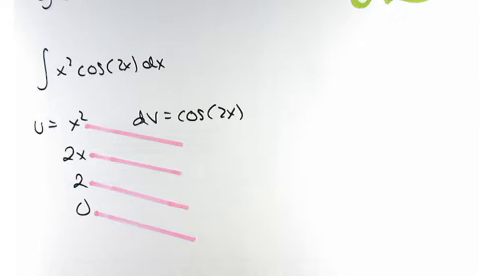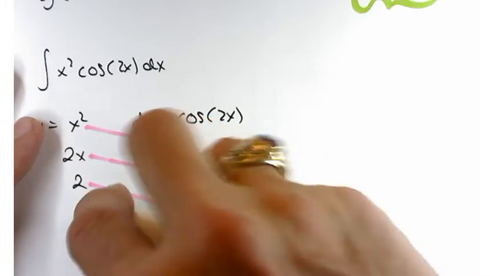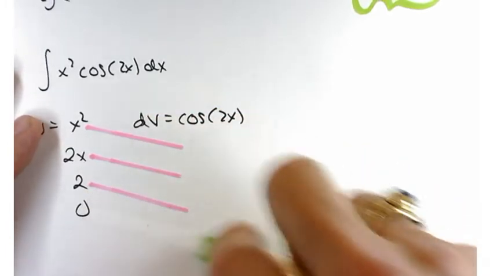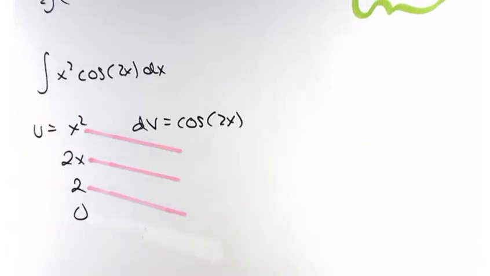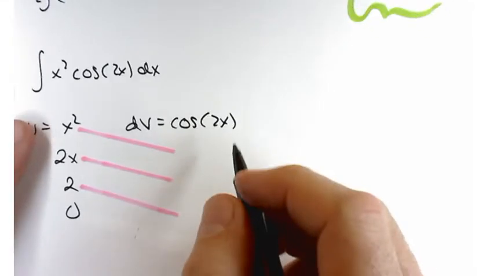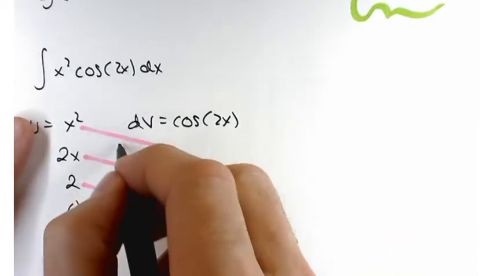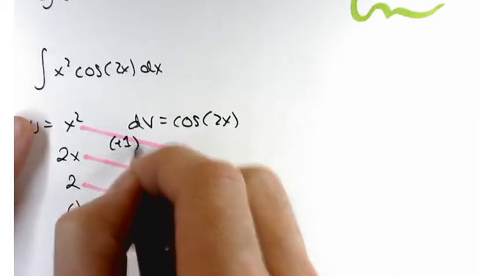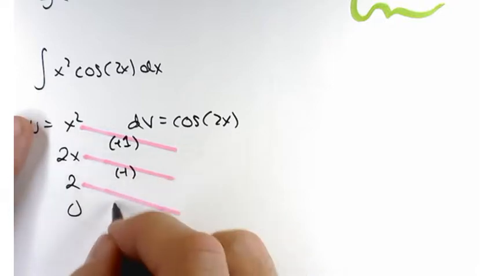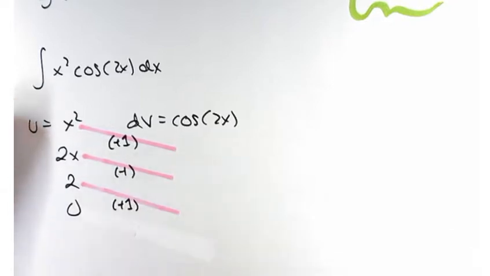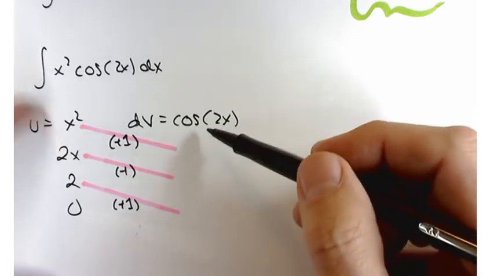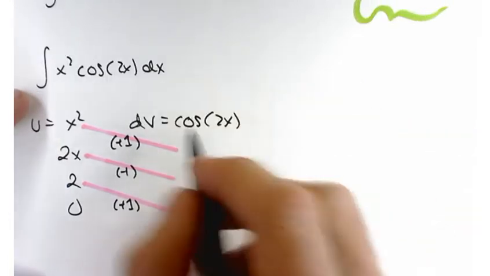I don't need the last one, do I? Remember, plus, minus, plus. These are our multiplication factors. What terms am I going to get here for the antiderivatives?